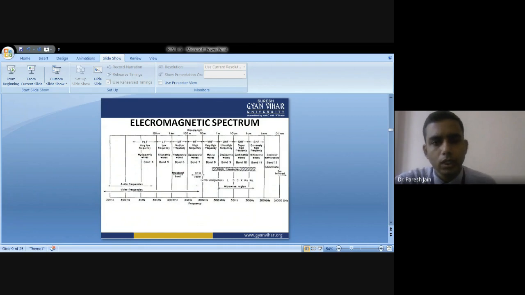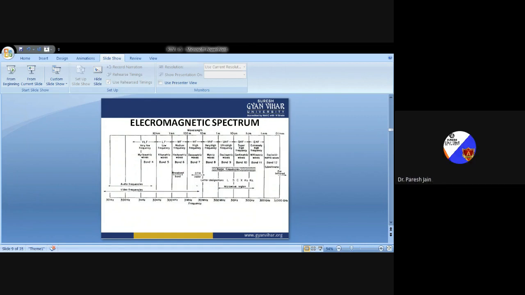So in this case radar is a very important system to navigate the ships or boats safely.